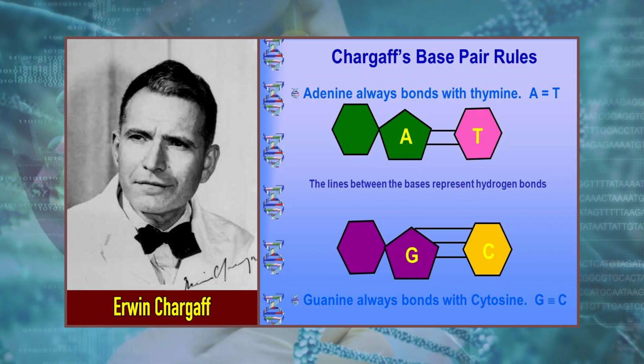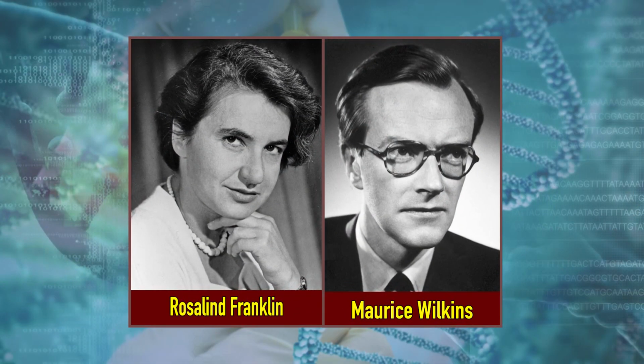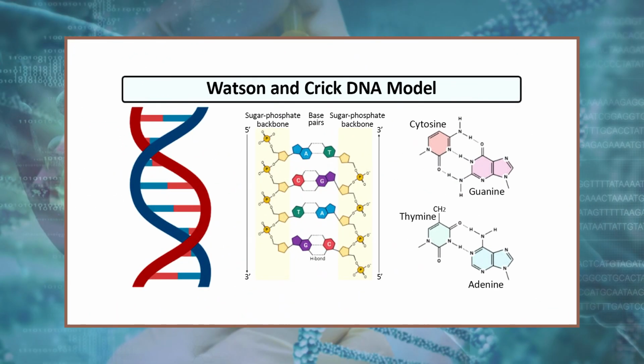Chargaff's realization that A pairs with T and cytosine pairs with guanine, combined with some crucially important X-ray crystallographic work by English researchers led by Rosalind Franklin and Maurice Wilkins, contributed to Watson and Crick's derivation of the three-dimensional double helical model for the structure of DNA.